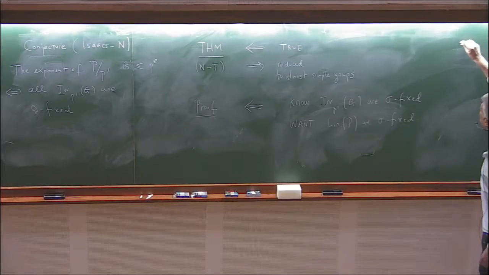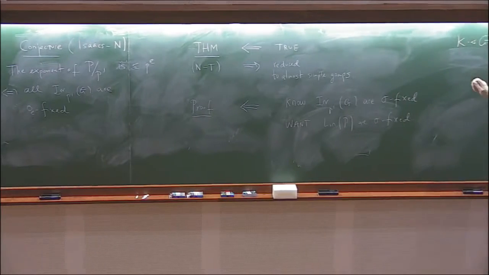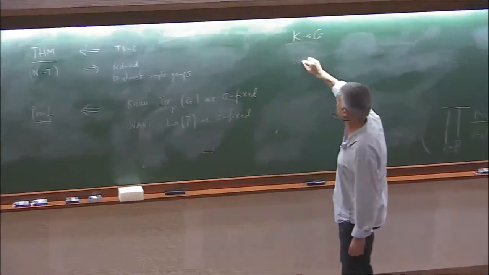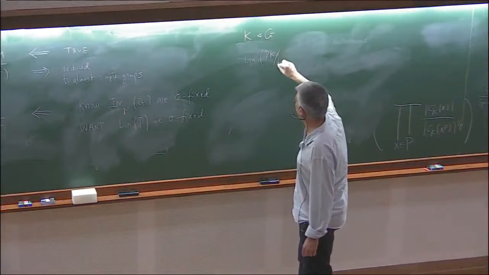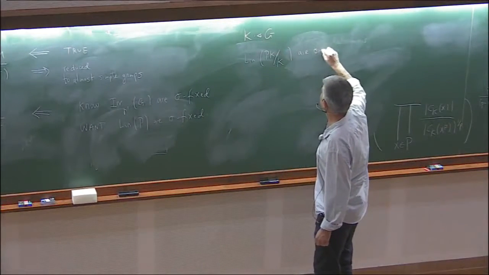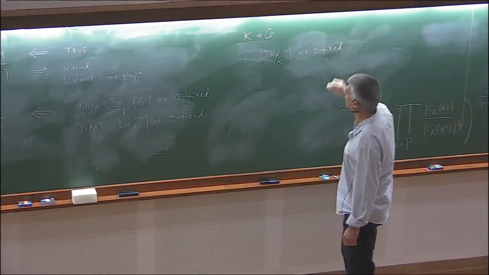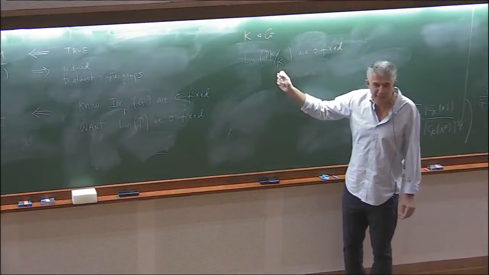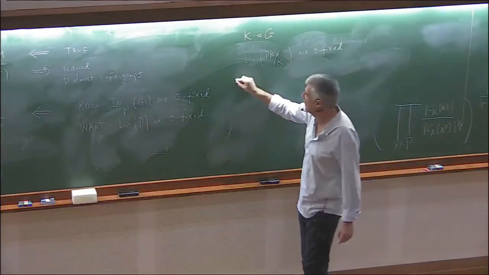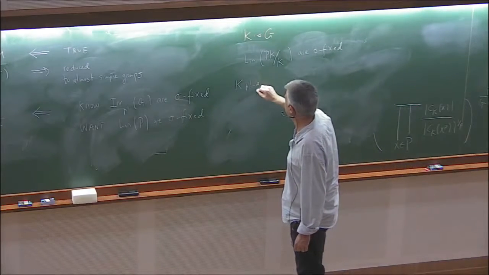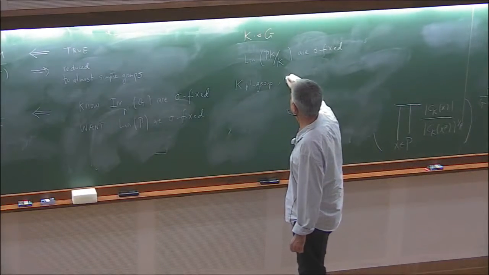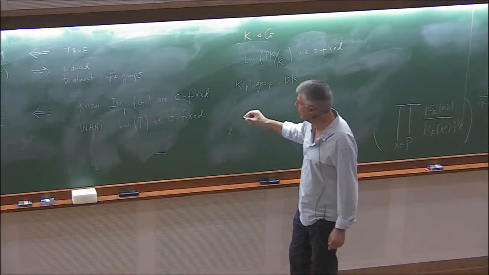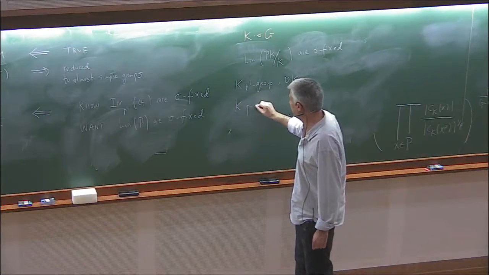So you take a minimal normal subgroup K, and then by induction, you know that the linear characters of P over K are sigma fixed. So if K is a P prime group, I'm done. If K is a P group, that's an exercise for you.